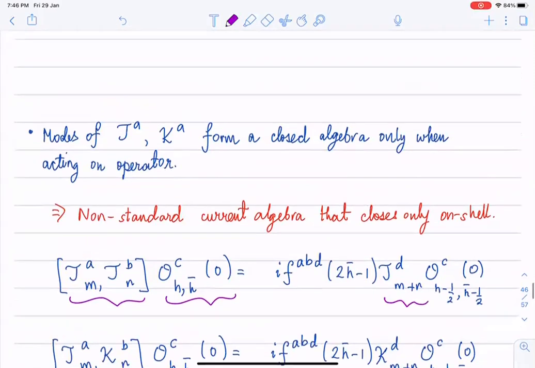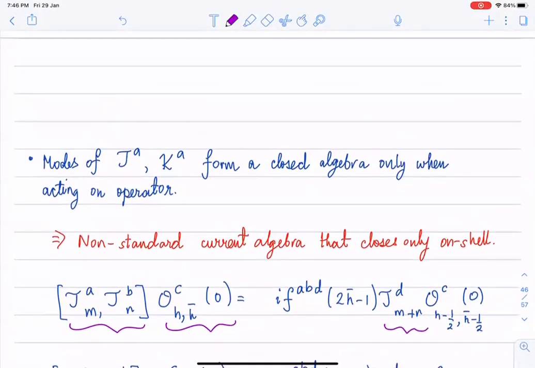So one can say that this current algebra is a non-standard current algebra which closes only on shell and not off shell. And by off shell I mean when you compute the commutator in general and do not evaluate it on some specific operator.